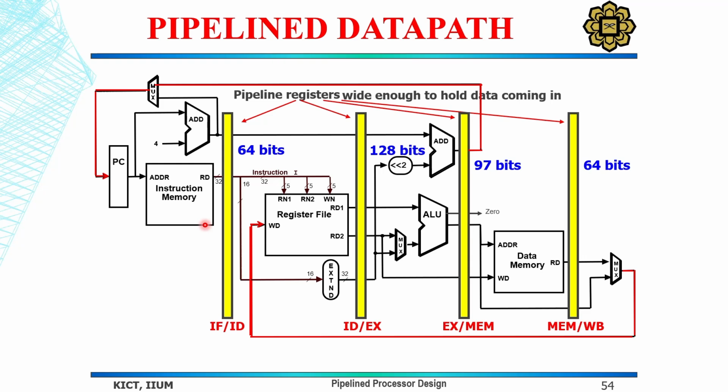That's why you can see the bits mentioned here: for example, this pipeline register should be 64 bits, this should be 128 bits, this should be 97, and this should be 64 bits. Remember, as we discussed earlier, the destination register is not included in these bits. We will see again in the next slide how we incorporate that and how it is used.